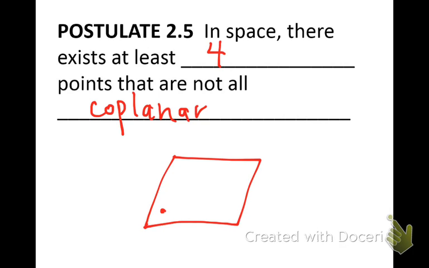If we had points A, B, and C, 3 points make a plane. A, B, and C are coplanar. But then there's going to be a point D somewhere off that plane that is not coplanar with A, B, and C. There's always going to be that point D.